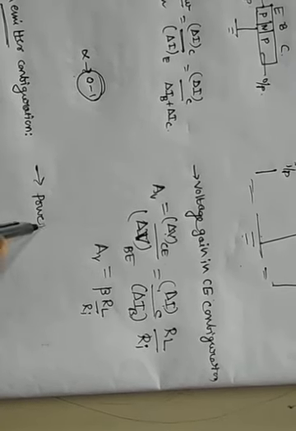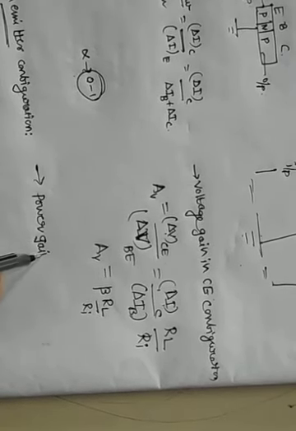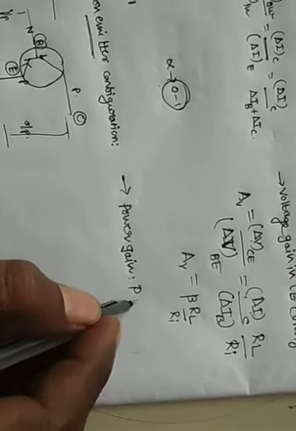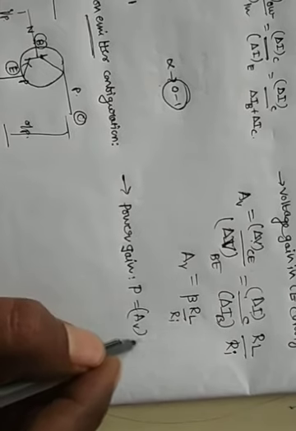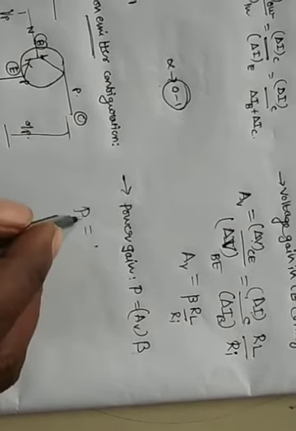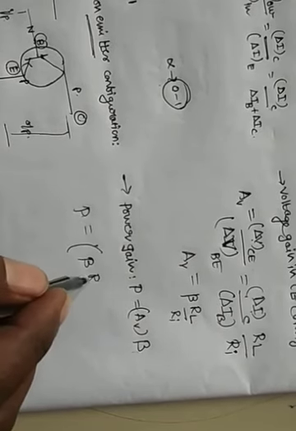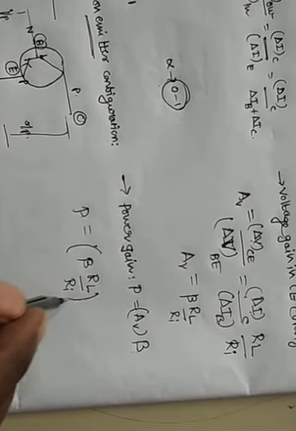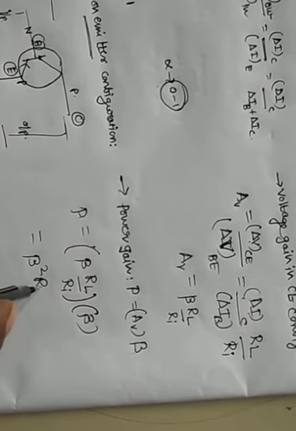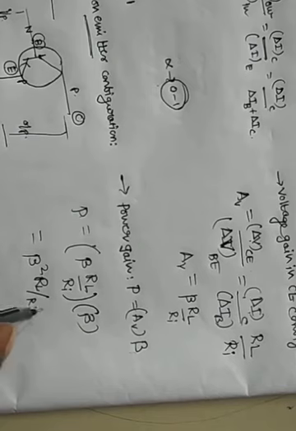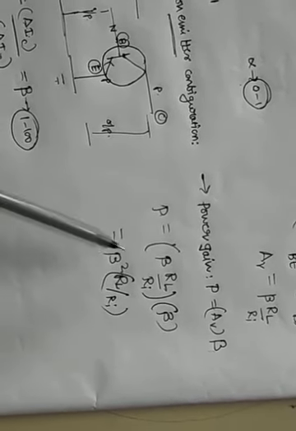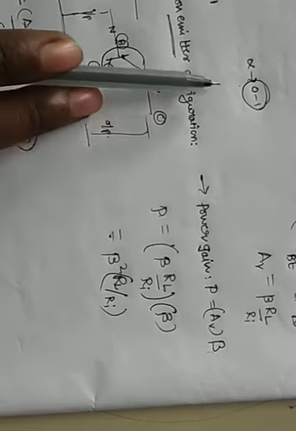And next one, power gain. Power gain is the product of voltage gain and current gain. Voltage gain is beta RL by RI, and current gain is beta, so you will get power gain as beta square RL by RI. Sometimes the beta value will not be given, alpha will be given.